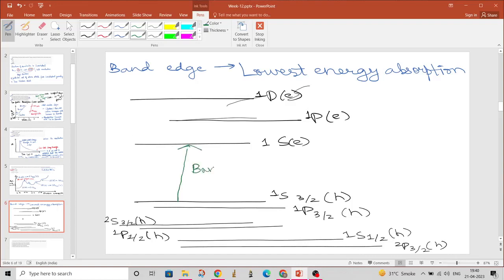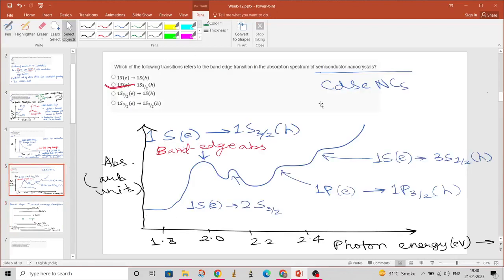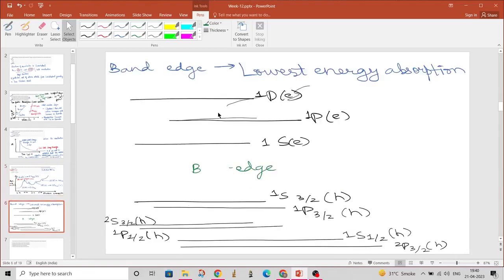So this is the band edge. So this question gets completed here: for the cadmium selenide nanocrystals, the band edge absorption is 1SE to 1S 3/2 H.